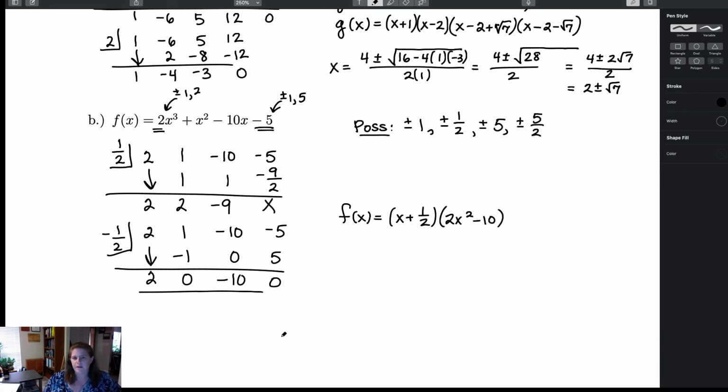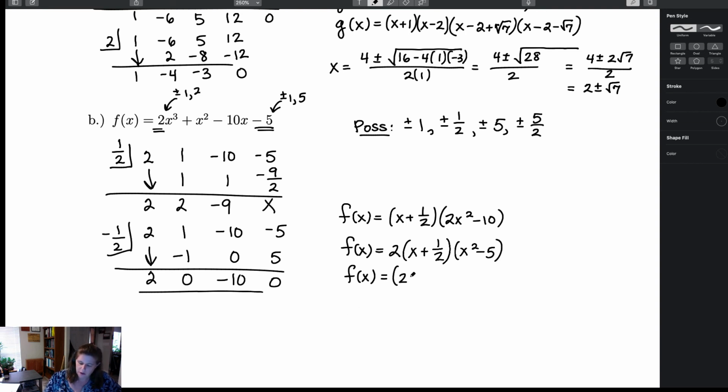Now, anytime we divide out a half like this, it doesn't look like normal. So I also noticed that both of these terms are even, so I can pull a 2 out of it. So for convention, we can pull the 2 out of here, we get x plus 1/2 times x squared minus 5, and I can multiply that 2 into my first term just to get rid of that fractional component.